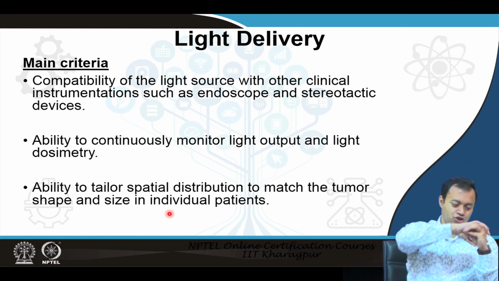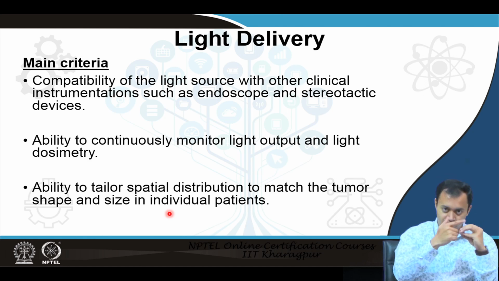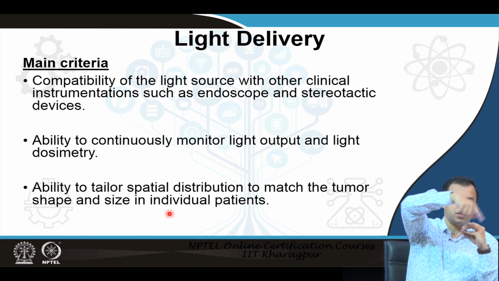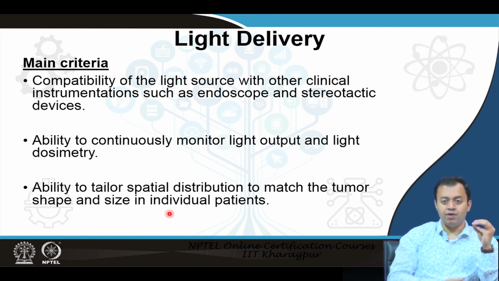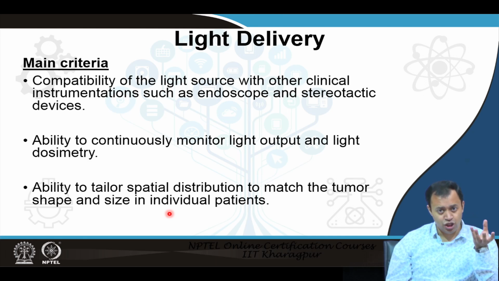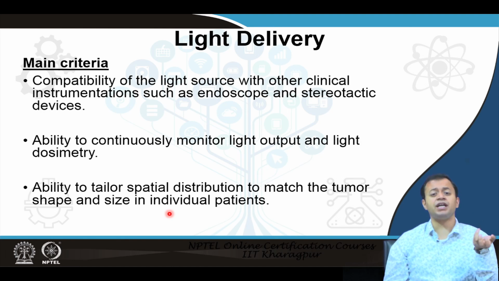Will it be enough to destroy the entire thing, or will it partially destroy the tumor, or since light is not able to go into the back corners, the back alleys, will this part remain intact? Those are the dosimetry that needs to be calculated and optimized, and thereby what sort of light you need to send, what wavelength, how much penetration depth it has in the specific tissue, all of that needs to be measured.